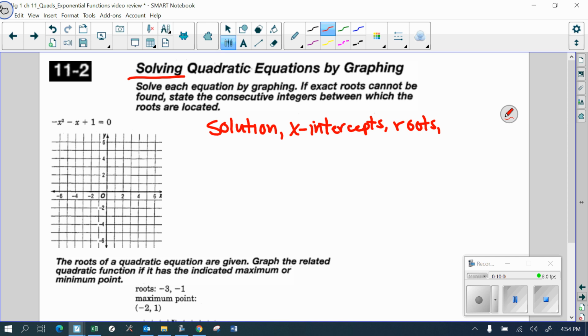And lastly, it's called zeros. Brain fart there for a second. I've had to look that up before. All these mean the same thing.